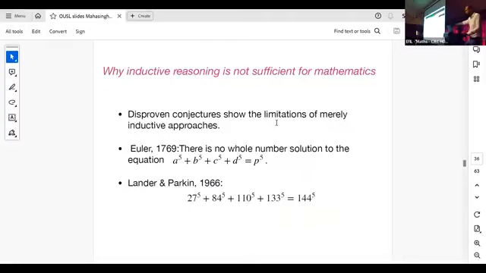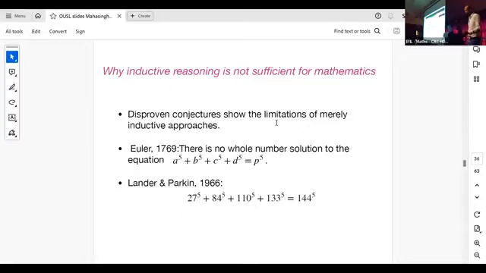You see, in 1769, a few centuries ago, Leonhard Euler was a leading mathematician. You see Euler's name very often in different branches of mathematics: Euler's formula, Euler's relation, Euler's graphs, lots of things.